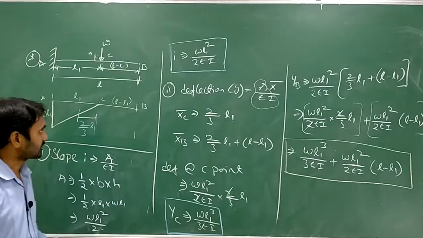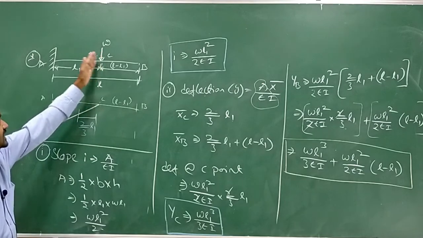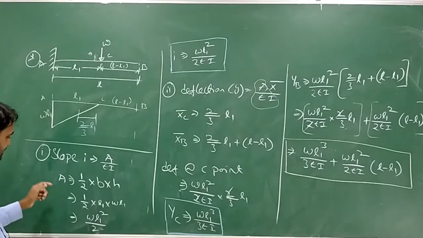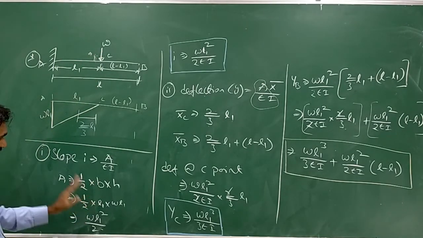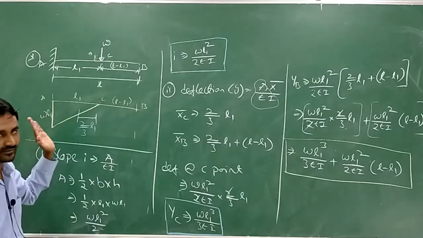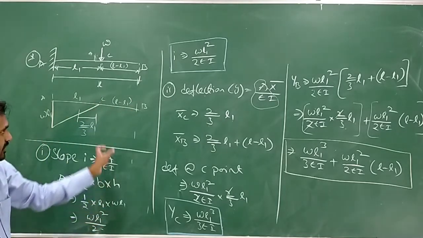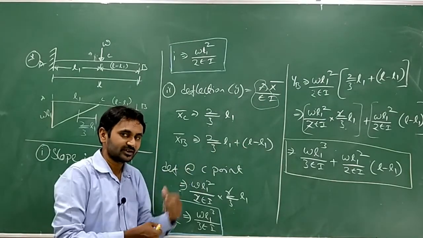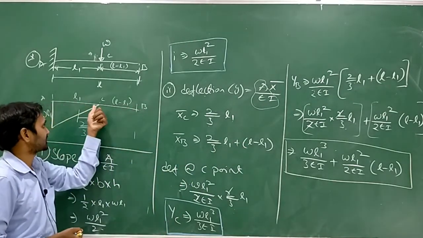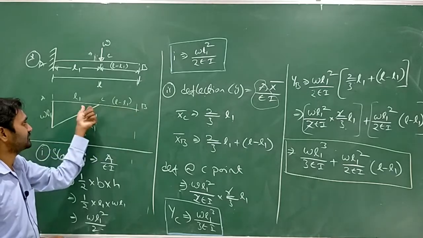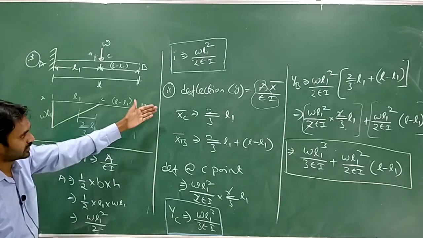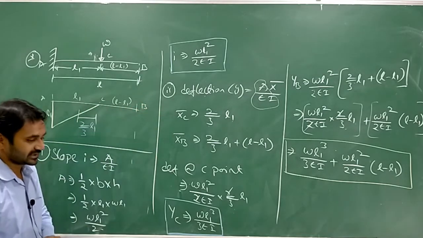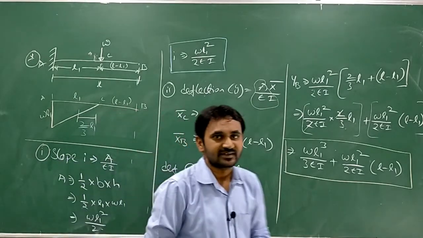So here you got YC, here you got YB. The concept is very simple. Where the load is acting, there you get the deflection, and elsewhere there is no deflection. That's why you added this for the case of B, because to calculate x you get one x from here and one more x from here, so you get two. The concept is very simple, and these are the standard cases.